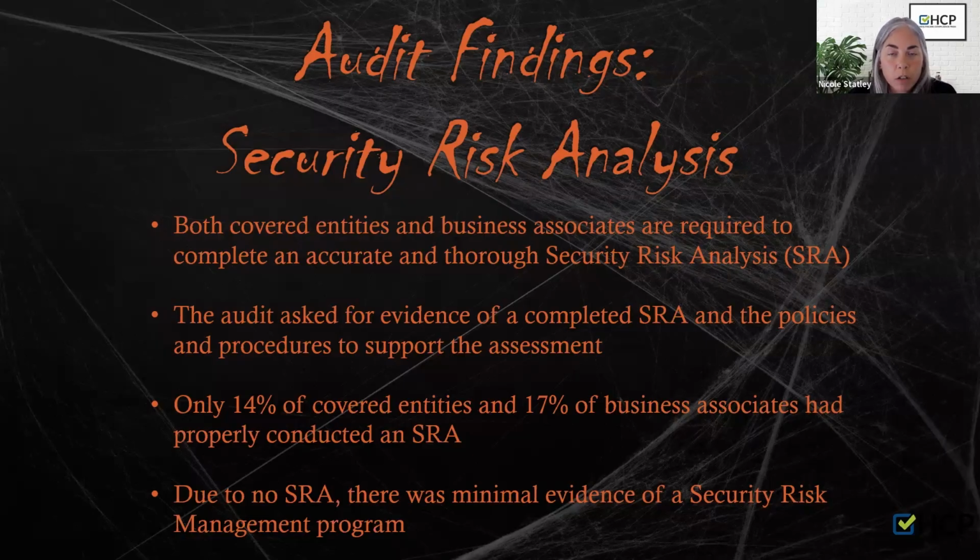The risk management standard requires implementation of security measures that reduce risks. So the OCR wanted policies and procedures that show, okay, we have all these risks, and here are policies and procedures for how we lessen and mitigate the risk. But most covered entities and business associates were unable to provide that proof.